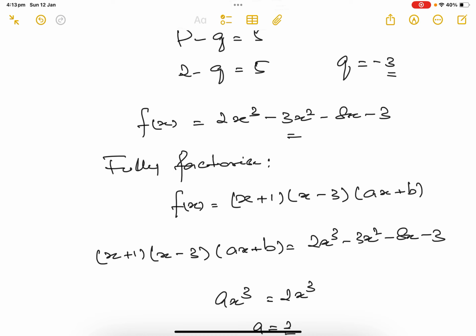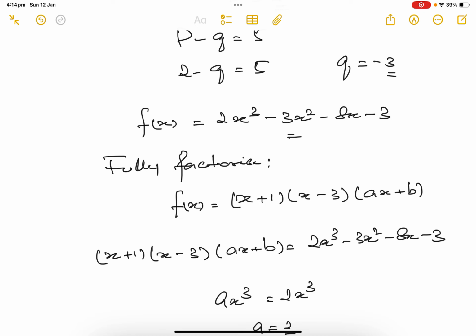If we multiply x plus 1 and x minus 3, we will get a second order function, x to the power 2, while the actual function f(x) is to the power 3. So there should be another linear function which, multiplied, will give you f(x).